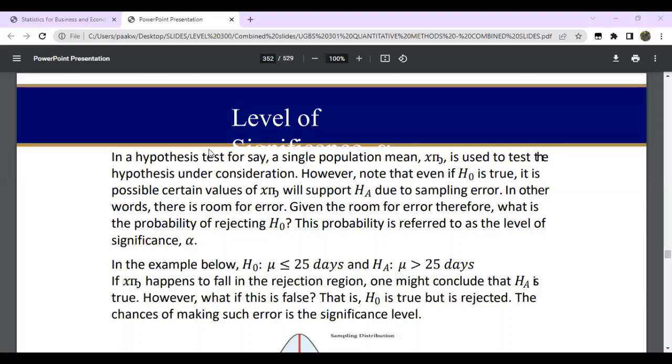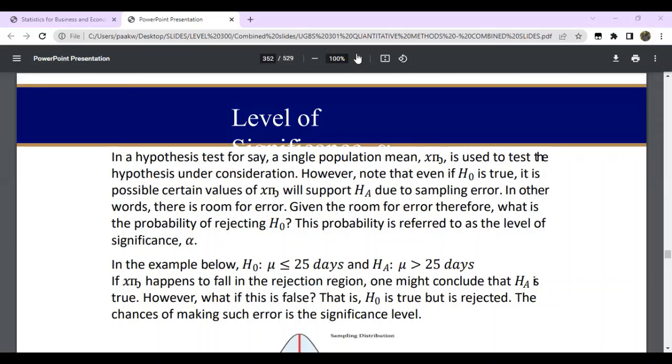So the level of significance. In a hypothesis test for, say, a single population mean, the sample mean is used to test the hypothesis under consideration. However, note that even if H naught, the null hypothesis, is true, it is possible that certain values of the sample mean, x bar, will support the alternate hypothesis, H A, due to sampling error.